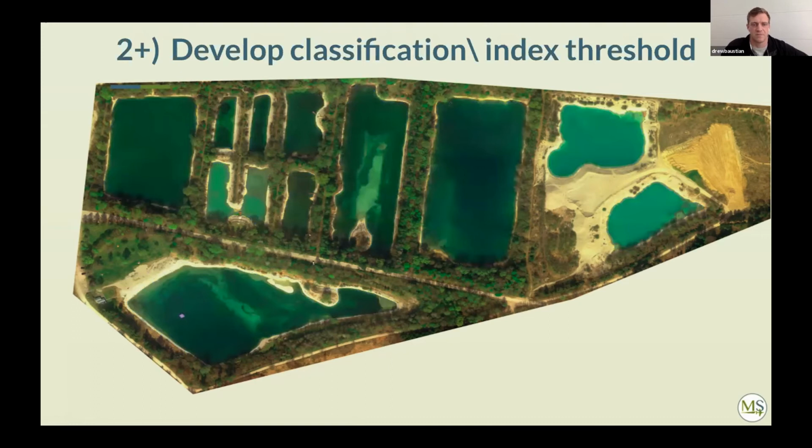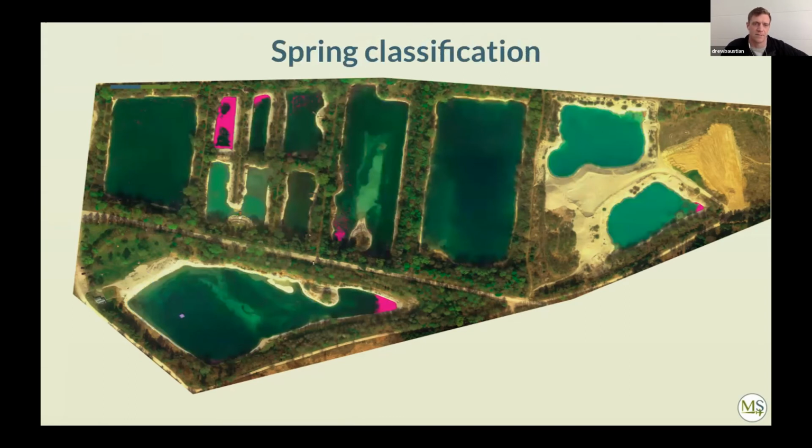And what we did was we flew it 2 times. We flew it in the spring, and then we flew it in the summer. For the spring flight, we're looking at where the algae is most prevalent, and we classified it with this pinkish purple color. I guess it's a pink color. I'll go with pink.